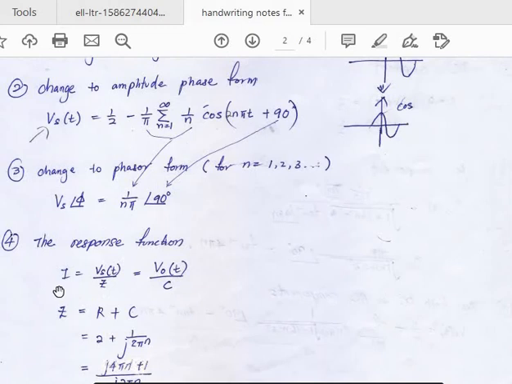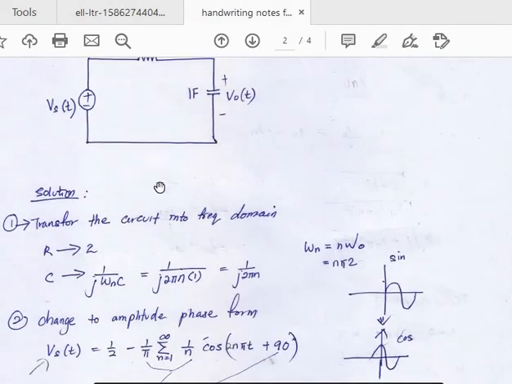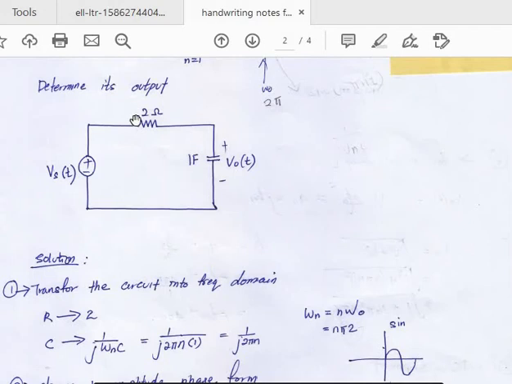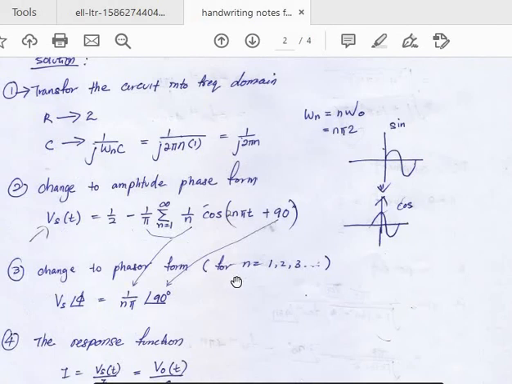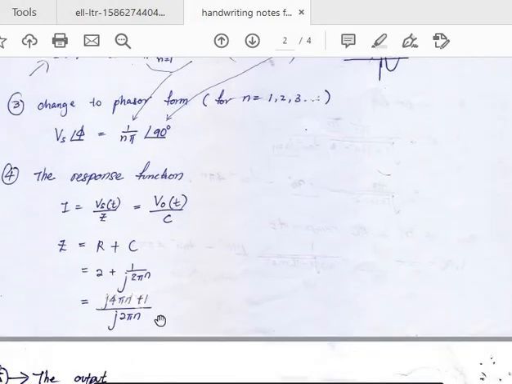The response function for the current I is Vs over the impedance Z. The impedance refers to the resistor and the capacitor. The resistor is 2 ohm, while the capacitor is 1 over j 2 pi n. Add together, you get j 4 pi n plus 1 over j 2 pi n.